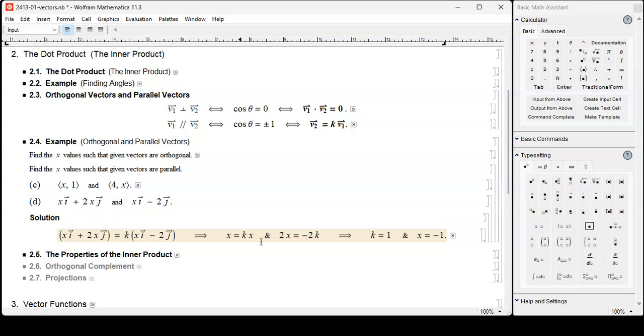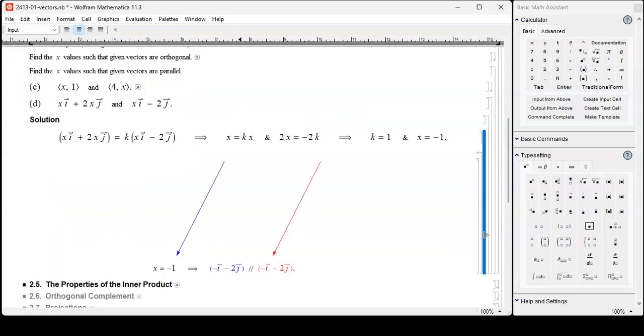Another case is x equal to 0, and then k is 0, everything is 0. That's just too trivial. So x is negative 1, then plug those in, we get negative i minus 2j, so negative 1 comma negative 2. And then the other one is the same, actually, negative 1 comma negative 2 again.